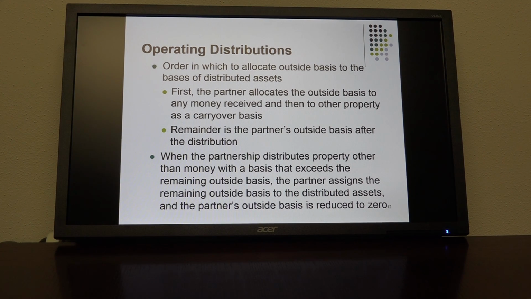When you receive cash and other property, first you're going to reduce your outside basis by the money received, and then the remainder of the partner's outside basis is allocated to the other assets.